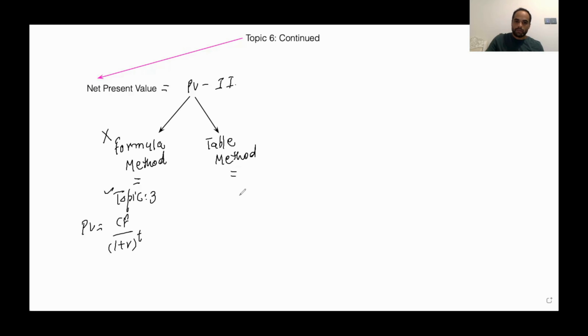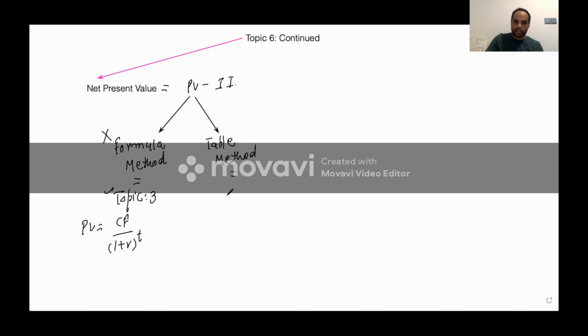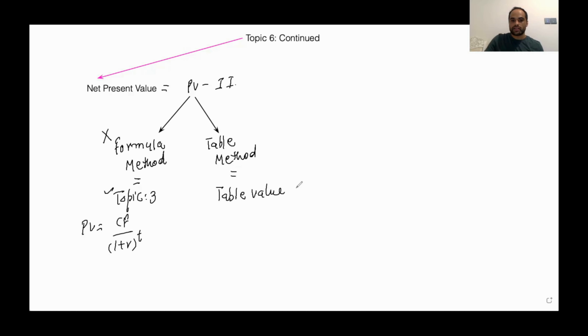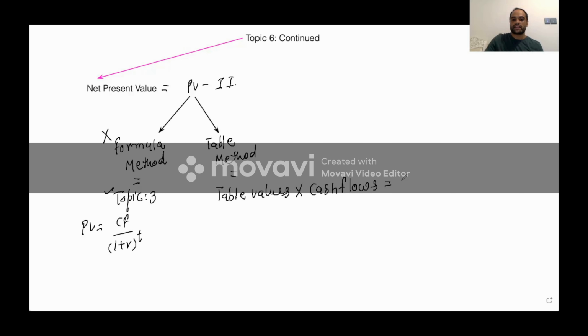So under the table method, we will find the table value by using the tables. Table value multiplied by cash flows will be the present value. All right.